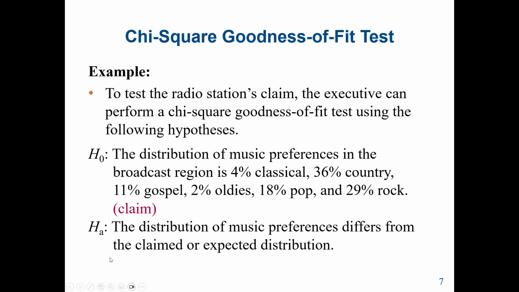Now, the alternative hypothesis, as we mentioned in the previous lectures, always goes against the null hypothesis. So in this case, the alternative hypothesis, HA, says that the distribution of the music preferences differs from the claim or the expected distribution.